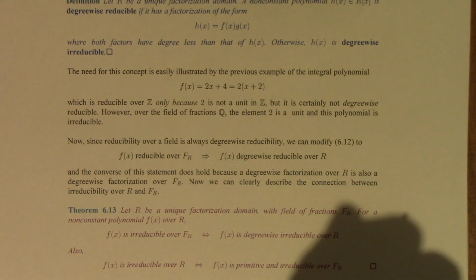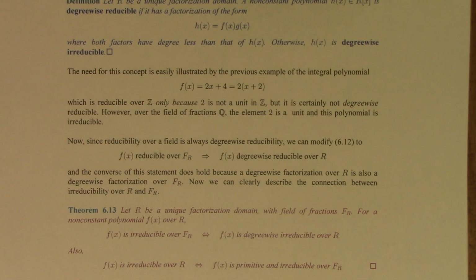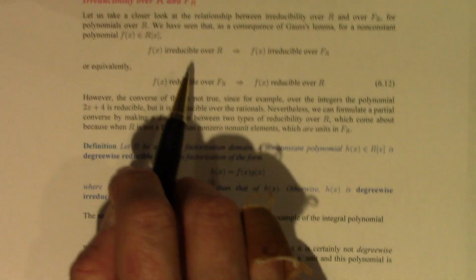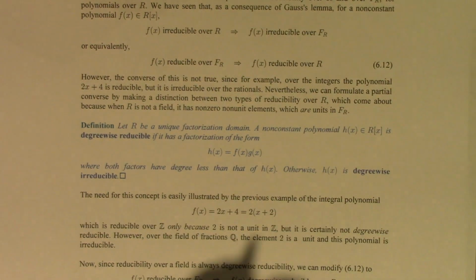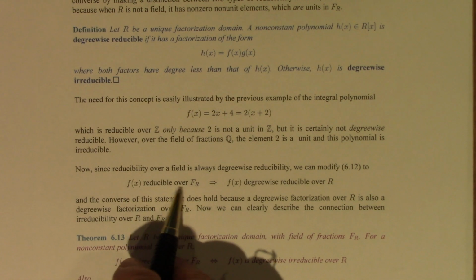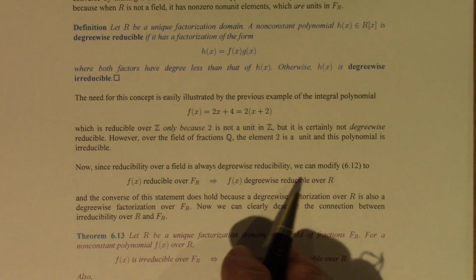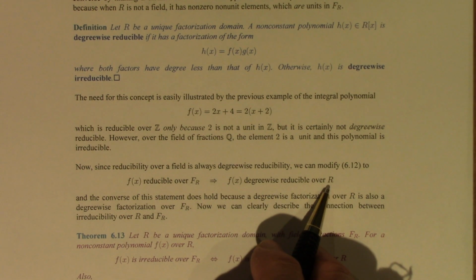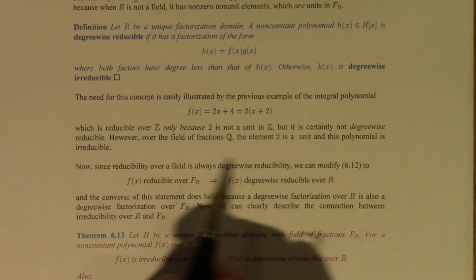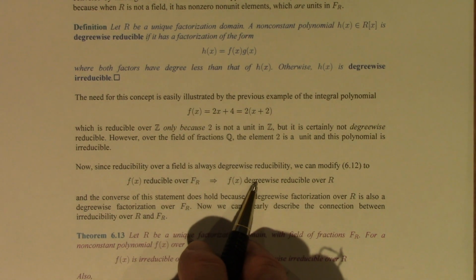Now, since reducibility over a field is always degree-wise reducibility, because non-zero constants are units, we can modify this to say: f of x reducible over F sub R, the field, implies it's degree-wise reducible over R. Okay, this is a content shifting issue.